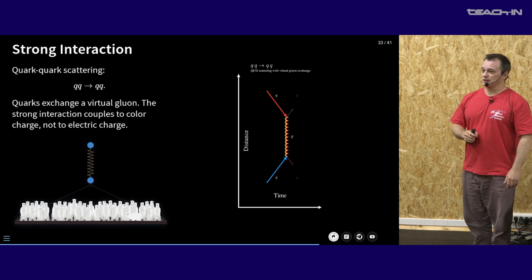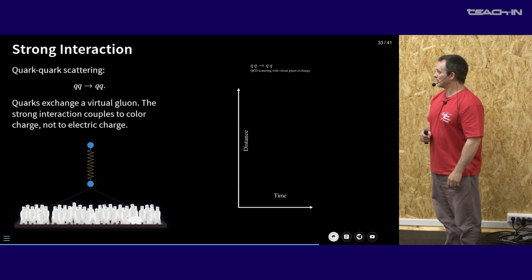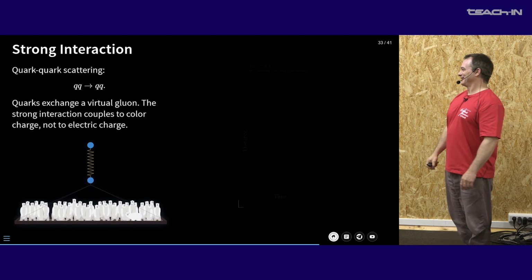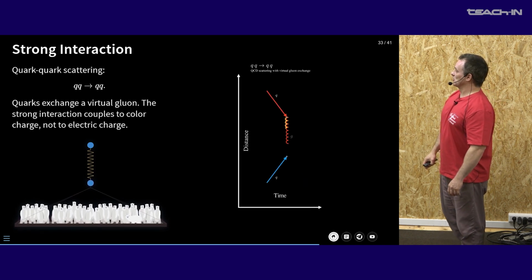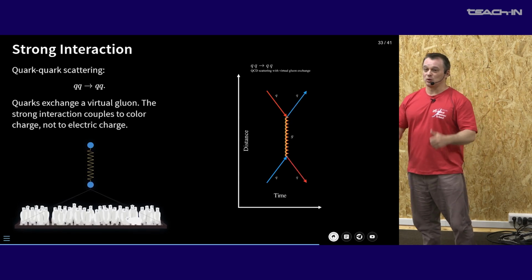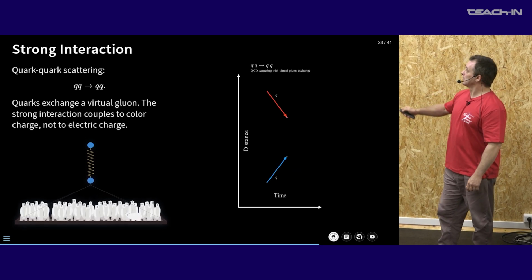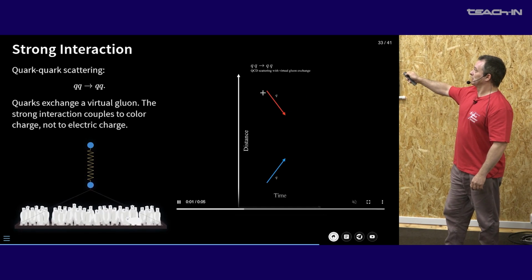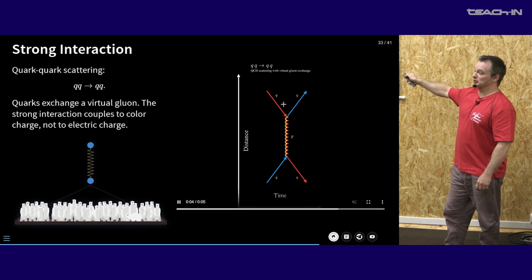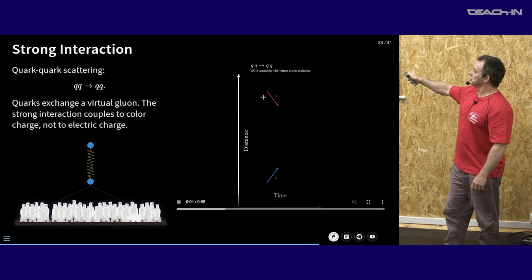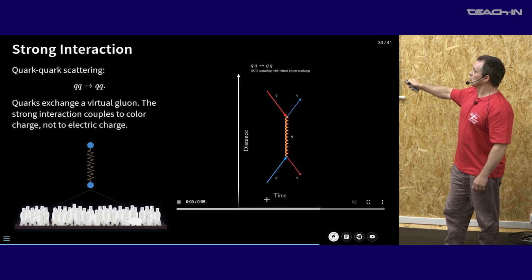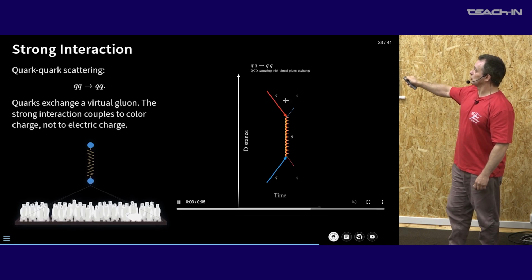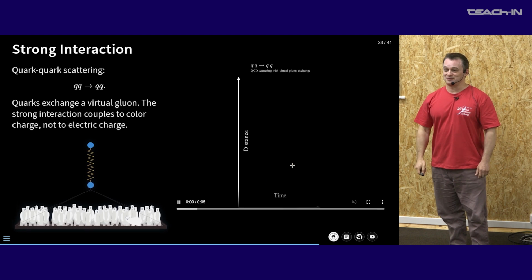And the last interaction is the strong interaction. First let's look at the right diagram so that you don't get lost. It describes the interaction between quarks. How is it done? A quark has a color. Here I literally draw it as a red color. And a red colored quark can interact with a blue colored quark in the following way. It emits a gluon which has a red color and anti-blue color.